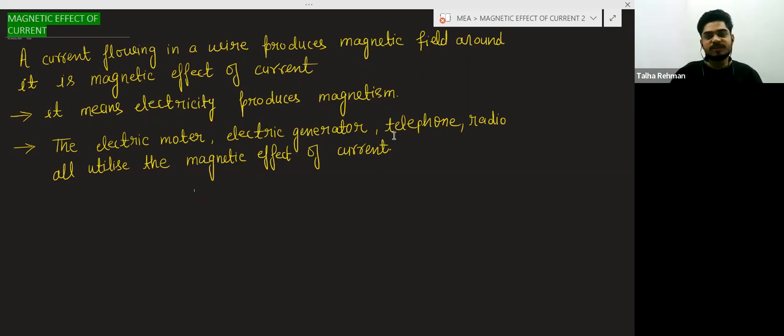So the electric motor, electric generator, telephone, radio all utilize the magnetic effect of current, meaning they are based on it. So the magnetic effect of current is very simple.